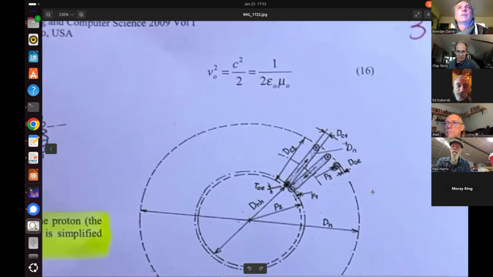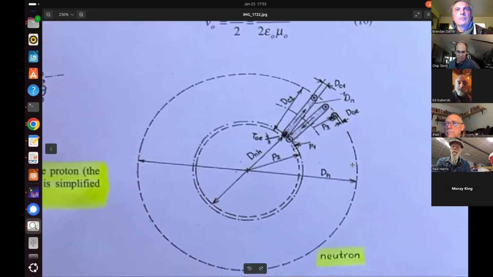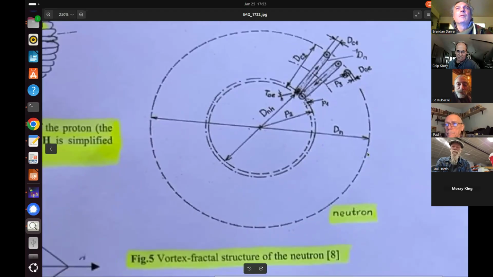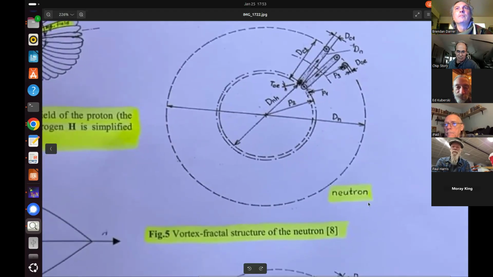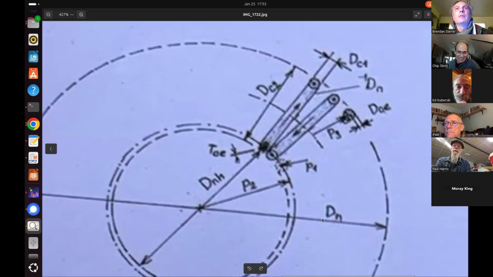He's showing how these toroidal wheels within wheels form themselves and what's going on with all the math, right? Proton diameter d sub nh. There's a p sub 2, a proton radius from the center.